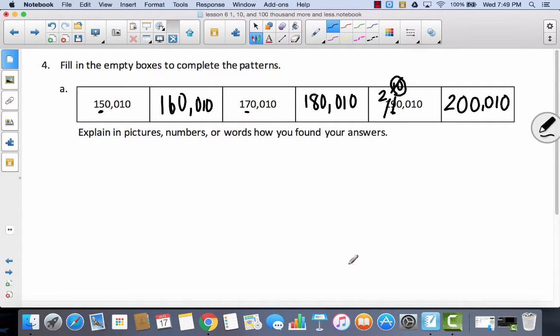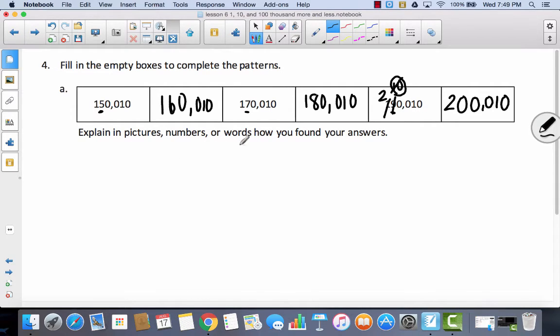So it says explain in pictures, numbers, or words how you found your answers. So it's not asking us to say how we got this answer and this answer and this answer. It's basically wanting to know, how did we know how to fill these in? I'm going to use words this time. I could draw a place value chart and show how they're adding 10,000 every time.